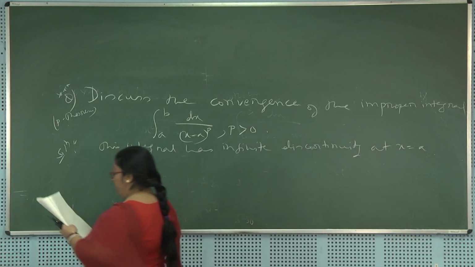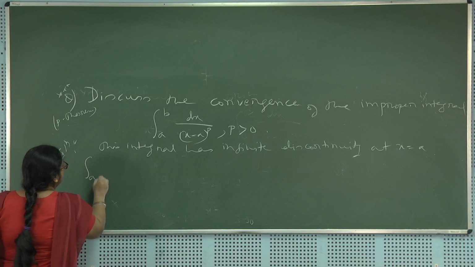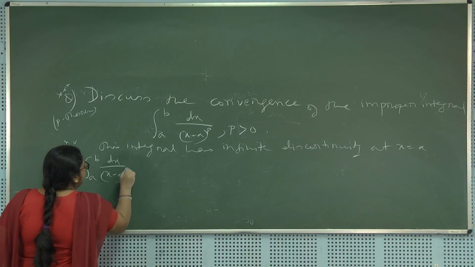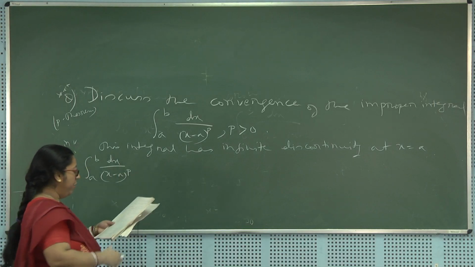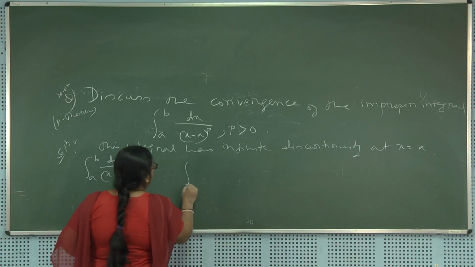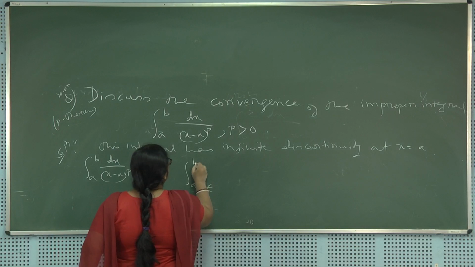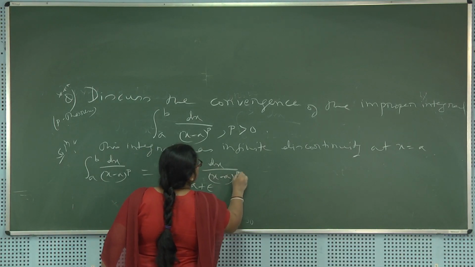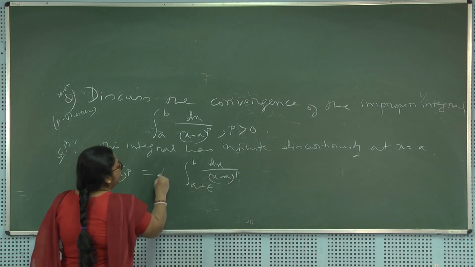We write integral a to b dx over (x minus a) to the power p. First of all we will convert it to a proper integral. So, it will be a plus epsilon to b dx over (x minus a) to the power p, and then limit epsilon tends to 0.